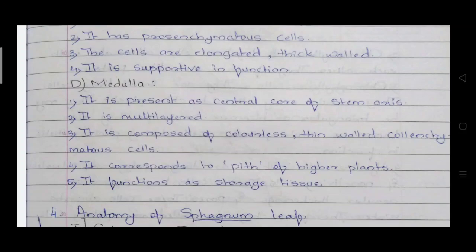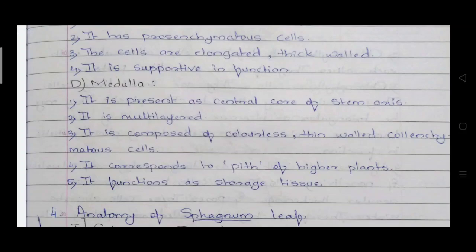As you know, in higher plants, in the stem at the center there is the pith. So the medulla region is similar to the pith in higher plants. The function of the medulla is as a storing tissue. So these are the four regions observed in the anatomy of the stem.